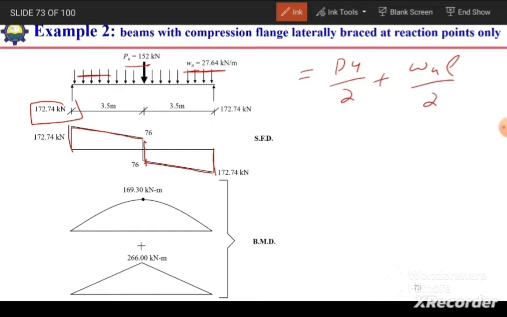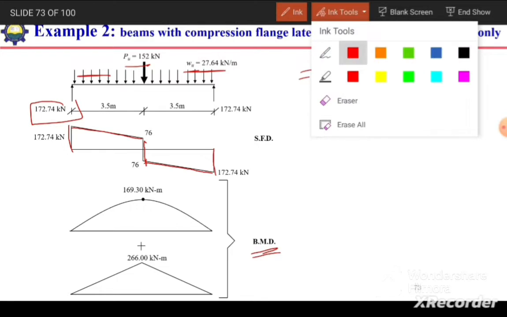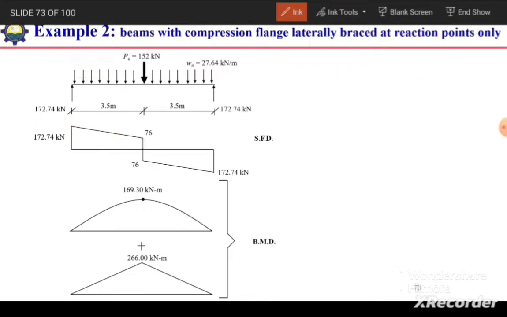After that, we can draw the bending moment diagram. As two different types of loading are acting on the beam, we can draw the bending moment diagram separately for these two loads. So we can draw the bending moment by parts. For uniformly distributed load, the maximum ordinate will be WL square by 8, and here it will be PL by 4.